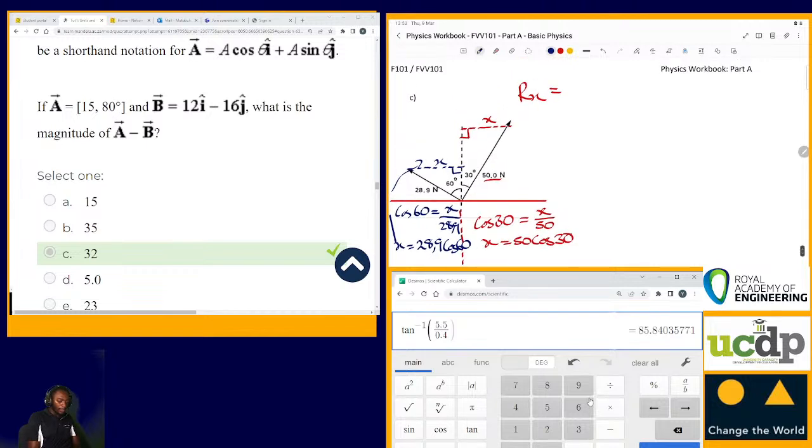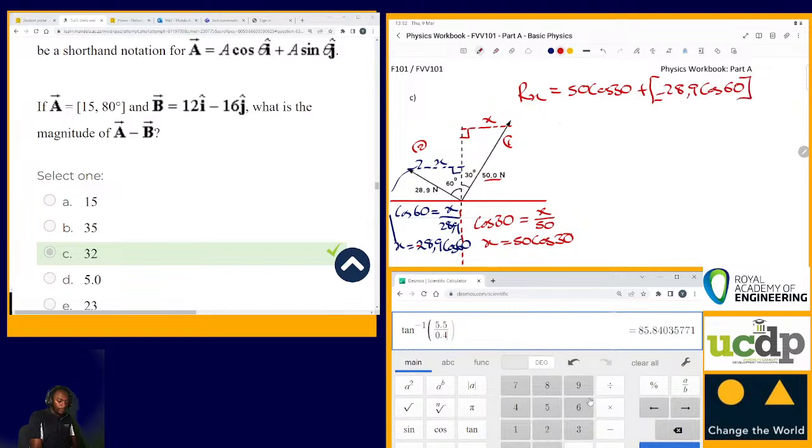So this is negative because we're on the negative side. So if we start with this one and this one secondly, it's going to be 50 cos 30 plus negative 28.9 cos 60.